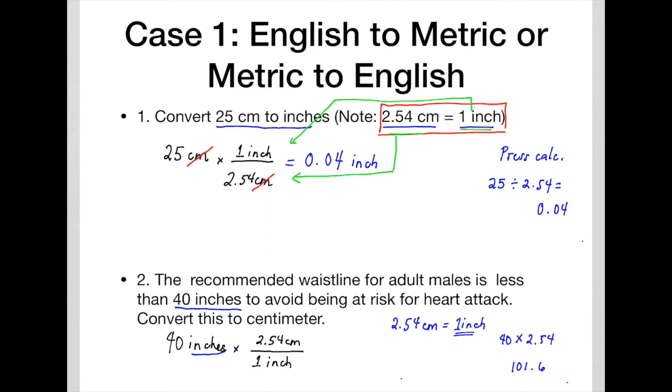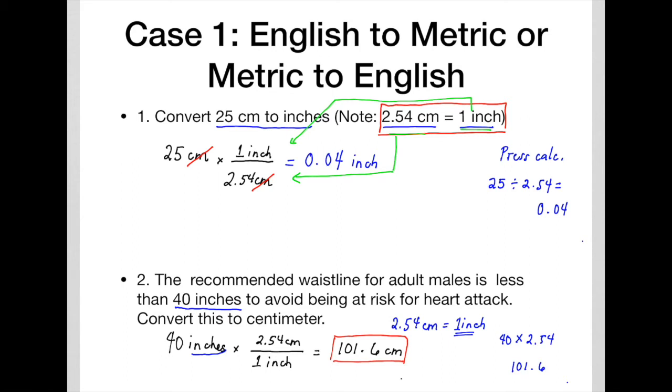So what is now my final answer? My final answer here is 101.6 centimeter. Now, before I continue, I will round it off or write my final answer in proper significant figures.